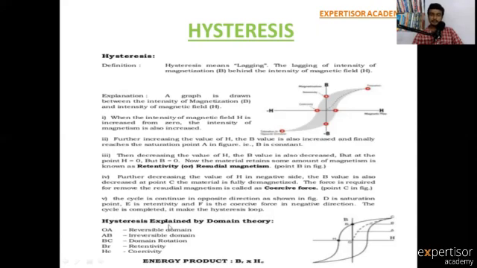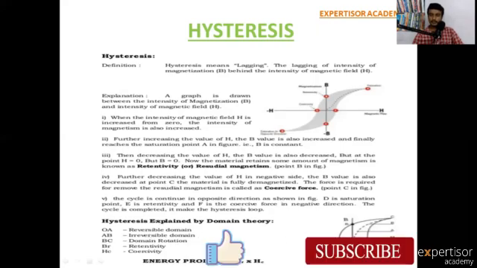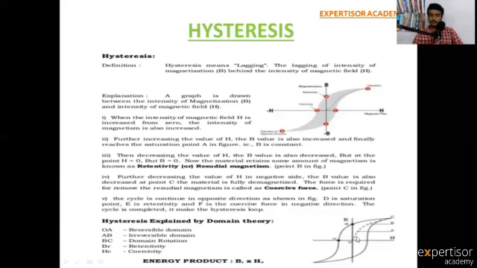See the hysteresis explained by the domain theory. OA, where O is the origin, represents the reversible domain. AB is the irreversible domain. BC is domain rotation.